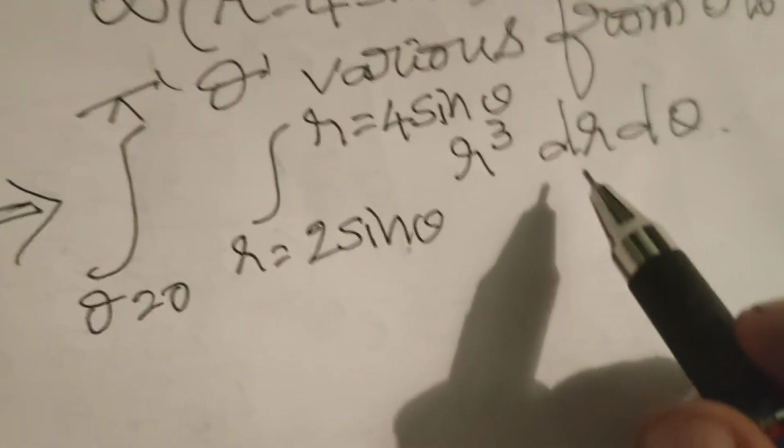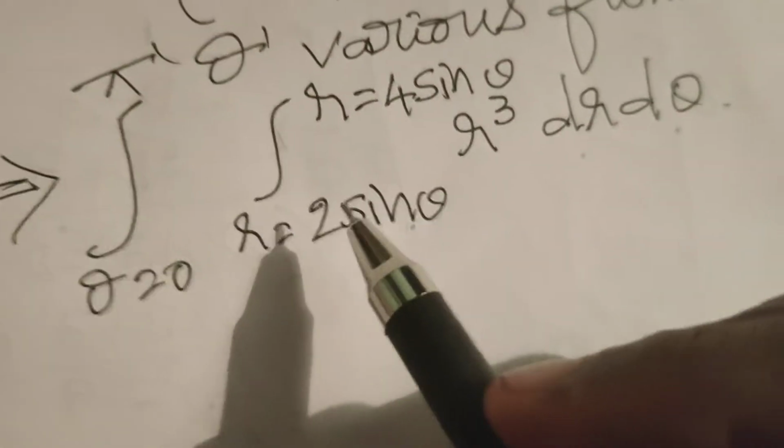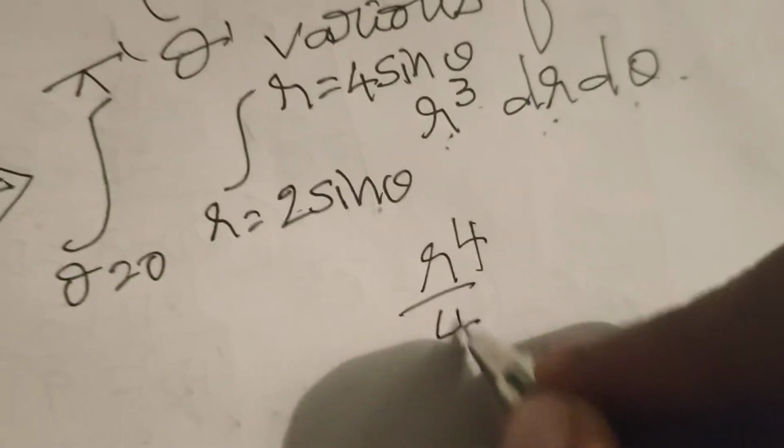Now integrating with respect to dr and d theta according to the limits, two times. First, integration with respect to r gives r to the power 4 by 4.